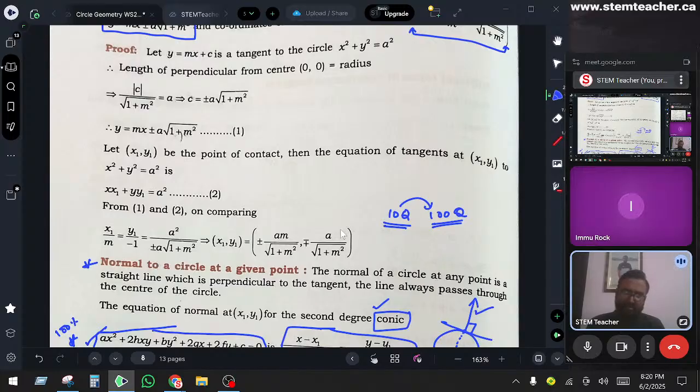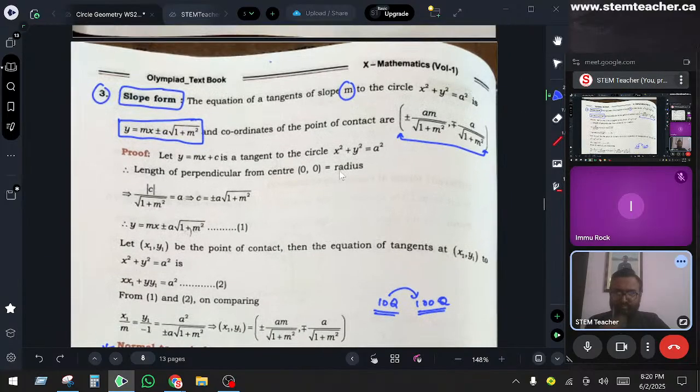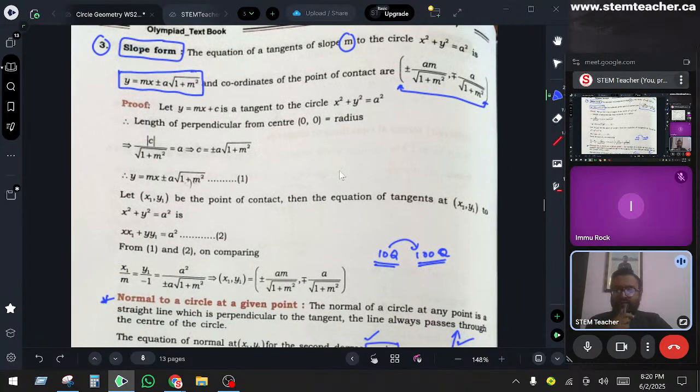Another one is plus, another one is minus. Try to understand this formula. Y equals to mx plus c is the tangent.